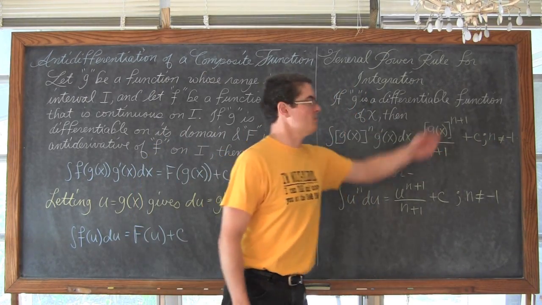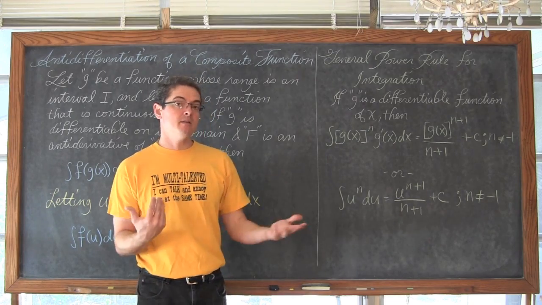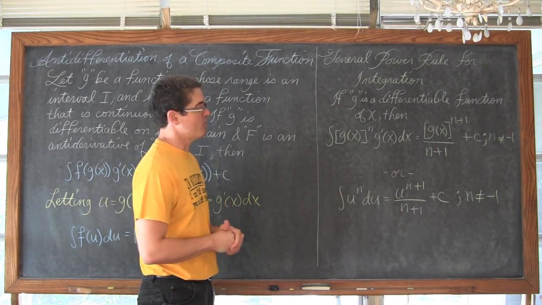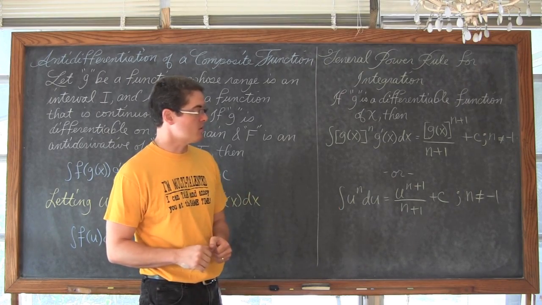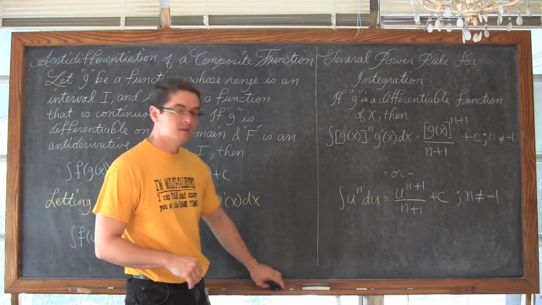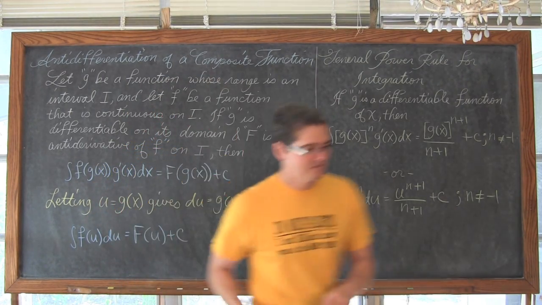The integral of this is equal to that. Again, you've seen that general power rule applied in the very first example we did. And this is what it looks like with the u substitution. So, let's get to those examples.